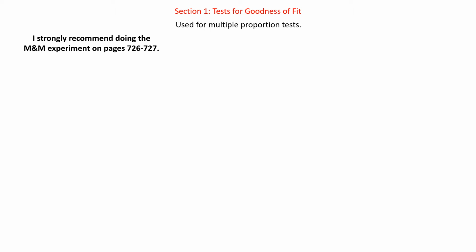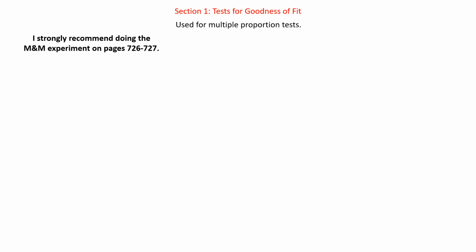Now, the reason why we have to use this kind of test and not what we did for the T test or the Z test to get our P value, is because as one percentage goes up, say the percentage of blues goes up, that's going to change the proportion of at least one other color, because they all have to add up to 100%.